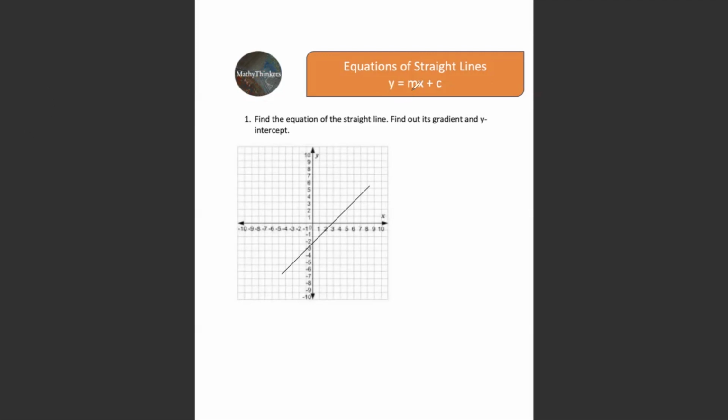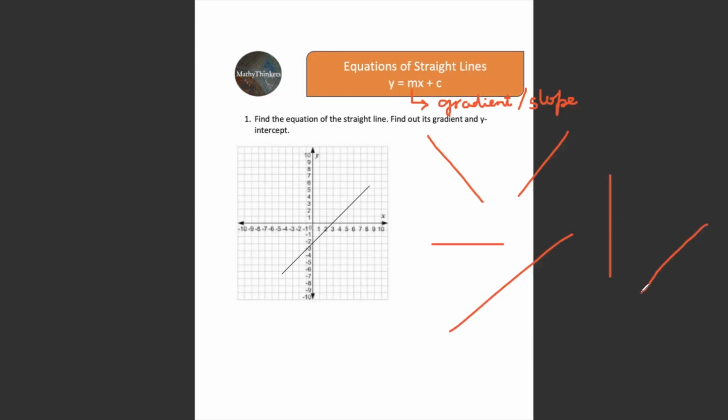Here, this m is called the gradient. The gradient of a graph, or the slope of the graph, tells us how the graph will look, whether it looks like this or that. So it gives us an idea of how the graph will look.